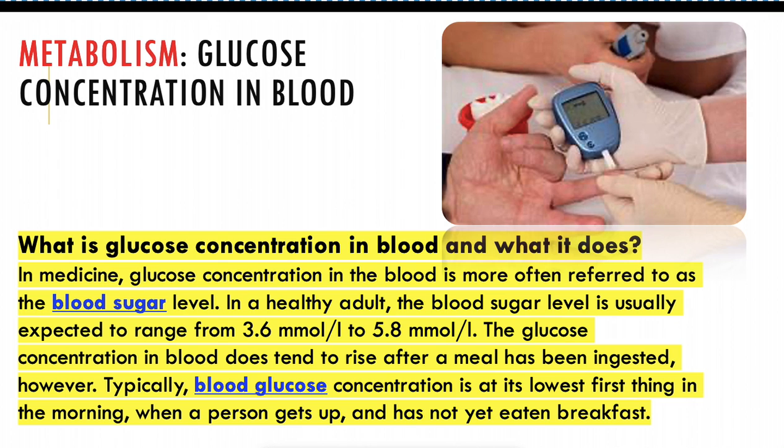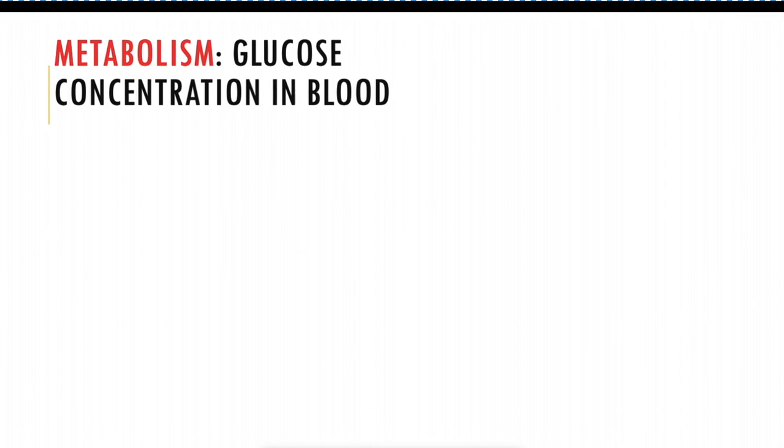Glucose concentration does tend to rise after a meal, but typically it is at its lowest first thing in the morning when a person gets up and has not yet eaten breakfast, and this is the time when you should check your blood sugar level.